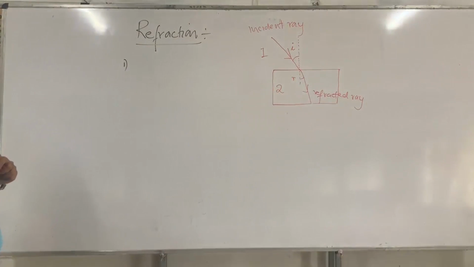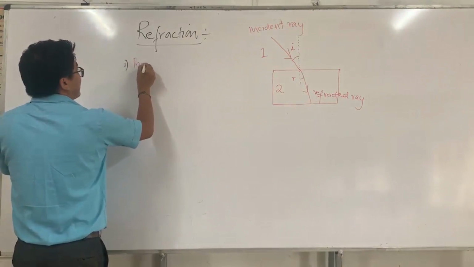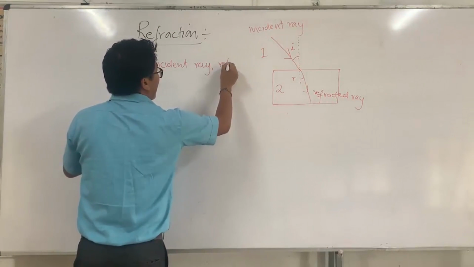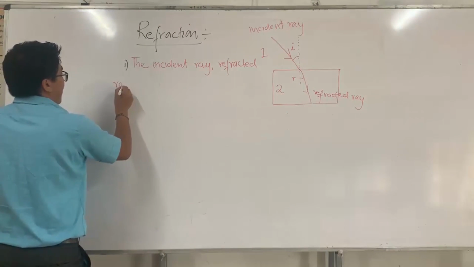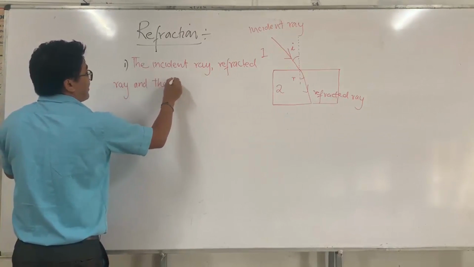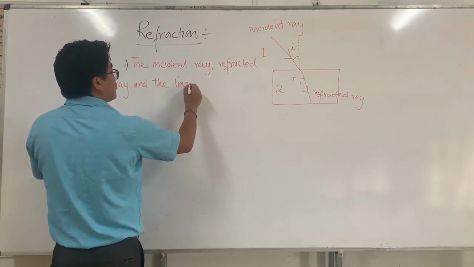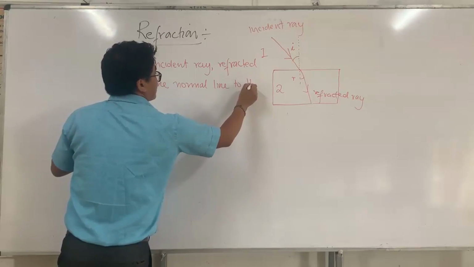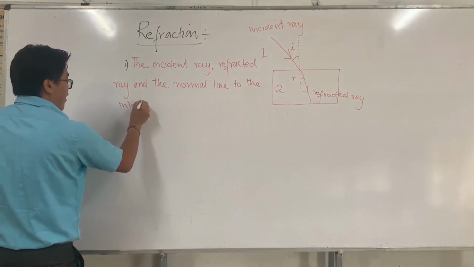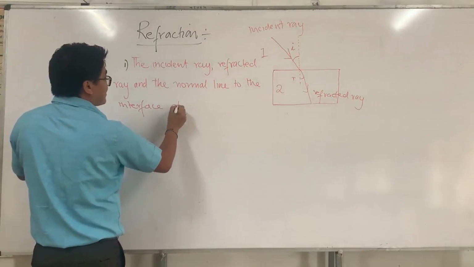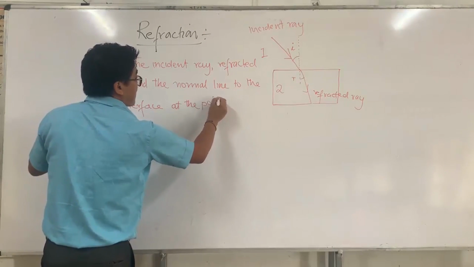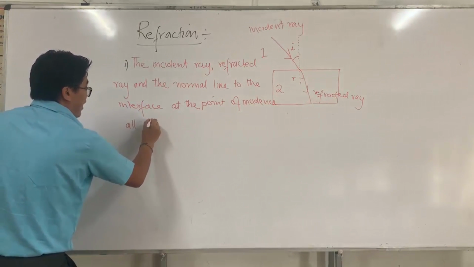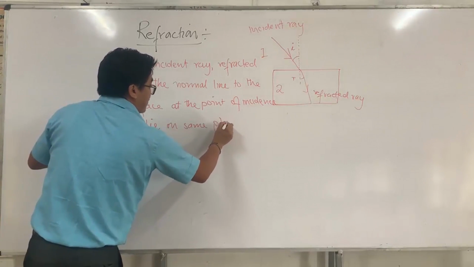The first law says that the incident ray, refracted ray, and the normal line to the interface surface at the point of incidence, all lie on the same plane.